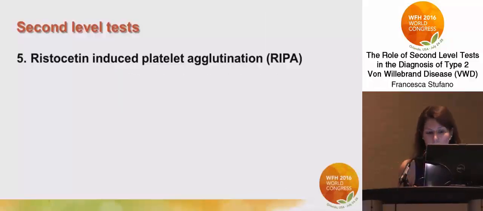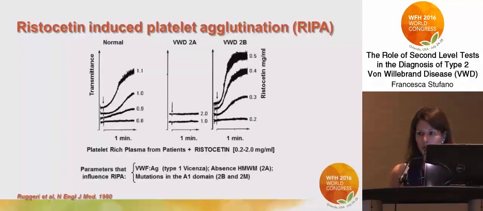The next two second-level tests I'm going to present must be performed on fresh blood samples. The first one is ristocetin-induced platelet agglutination, also called RIPA. This test is performed with platelet-rich plasma from a patient and different concentrations of ristocetin.